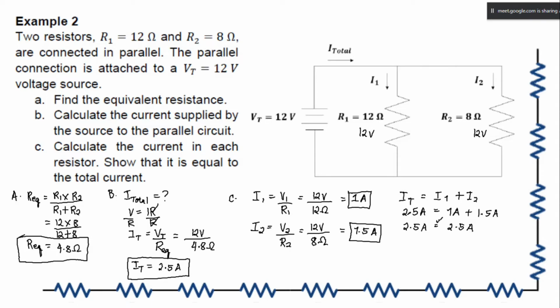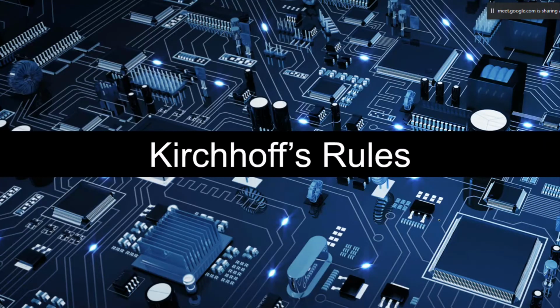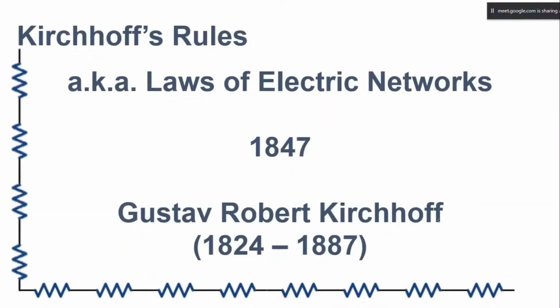Now, proceed po tayo sa discussion ng Kirchhoff's rules. The Kirchhoff, please take note of the spelling, double H, double F. The Kirchhoff's rules are also known as the laws of electric networks. Ang Kirchhoff's rules, may dalawa po itong types. Una, we have yung tinatawag nating KCL, or the Kirchhoff's current law, or minsan tinatawag din siyang junction rule.